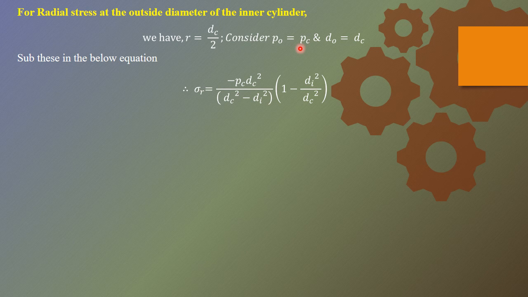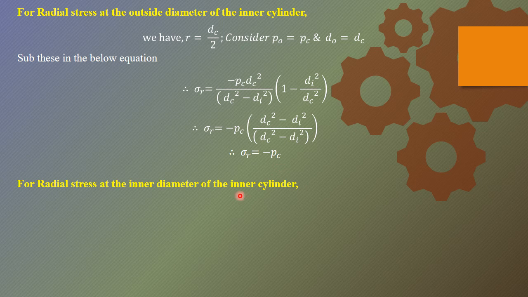So substituting in the equation for external pressure condition, you will get the same thing. So dc square minus di square, numerator and denominator will get cancelled, and sigma R will be equal to minus Pc.